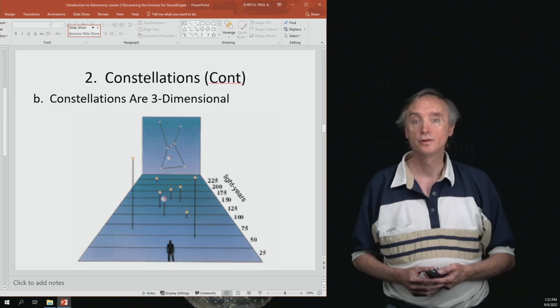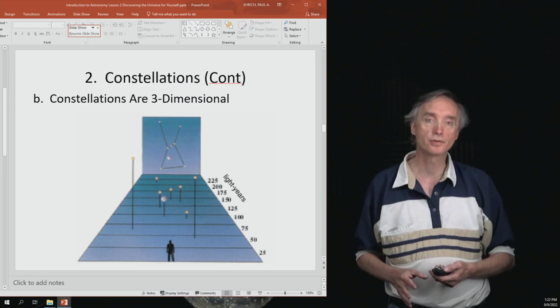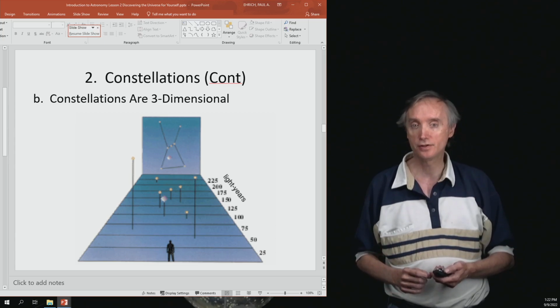Constellations are three-dimensional. If you look at the picture on that back screen, you see a traditional constellation. It's the one that has the three stars in the belt, and that is the constellation Orion.